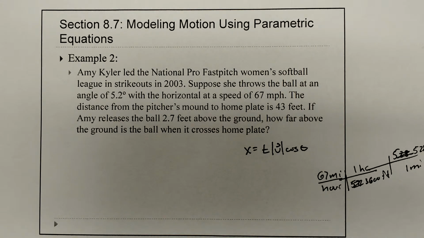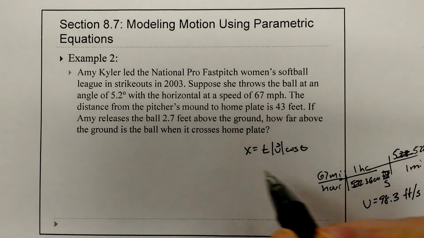So 67 times 5280 divided by 3600. So V is equal to 98.3 feet per second.